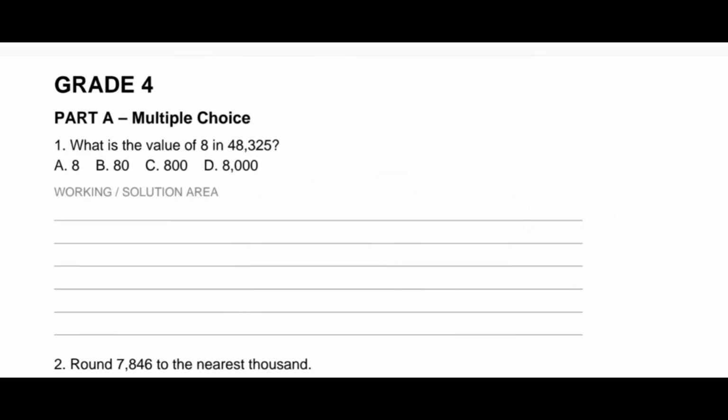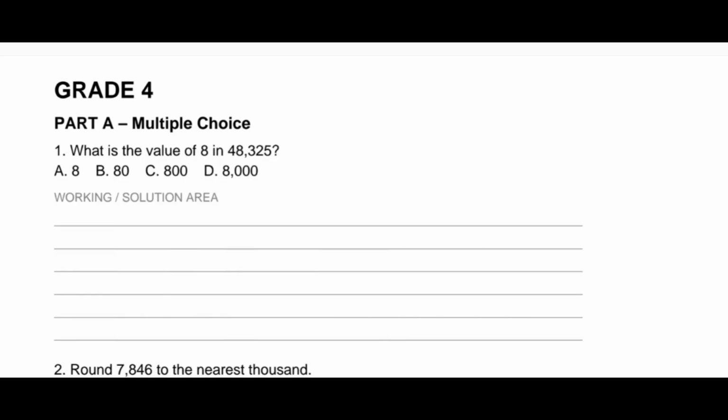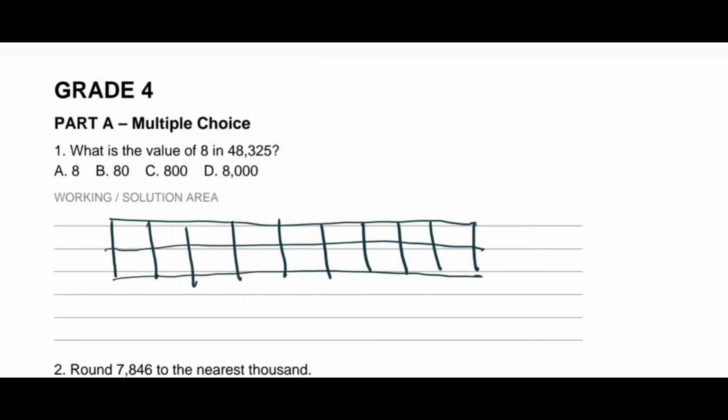So we are now starting the grade 4. The question is, what is the value of 8 in 48,325? We will draw the place value chart like this. This is the place value chart. The last column here is the ones column.